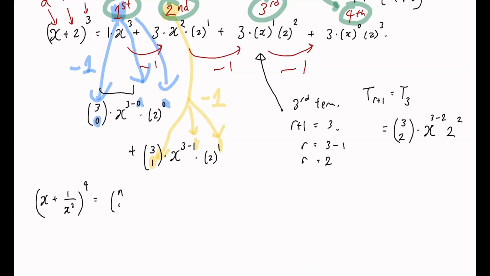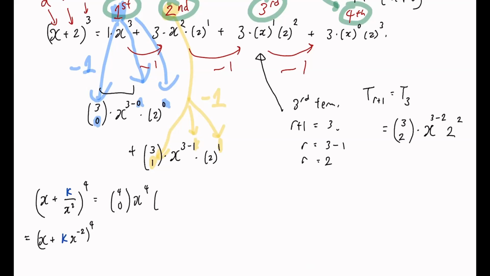It's just 4 choose 0 times x power 4 times, here I'm going to simplify it as x plus... Just to make your life more difficult, I'll put a k on top. So k multiplied by x power negative 2.